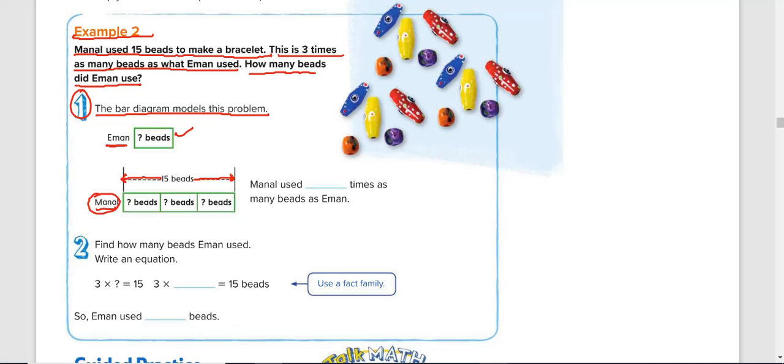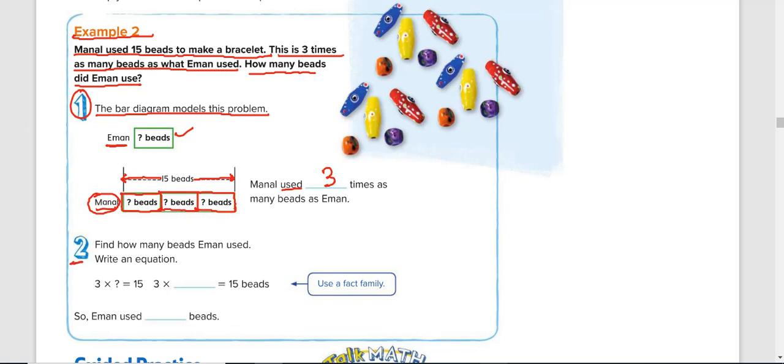This 15 beads is actually broken into 3 times as many, so we break this into 3 parts, 1, 2, and 3. So Mana used 3 times as many beads as Iman.